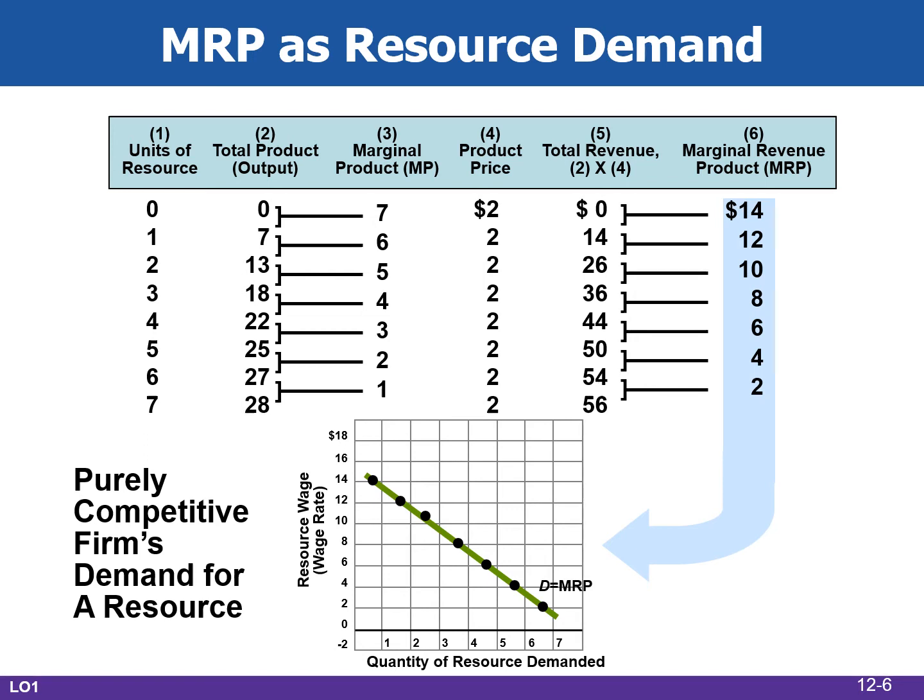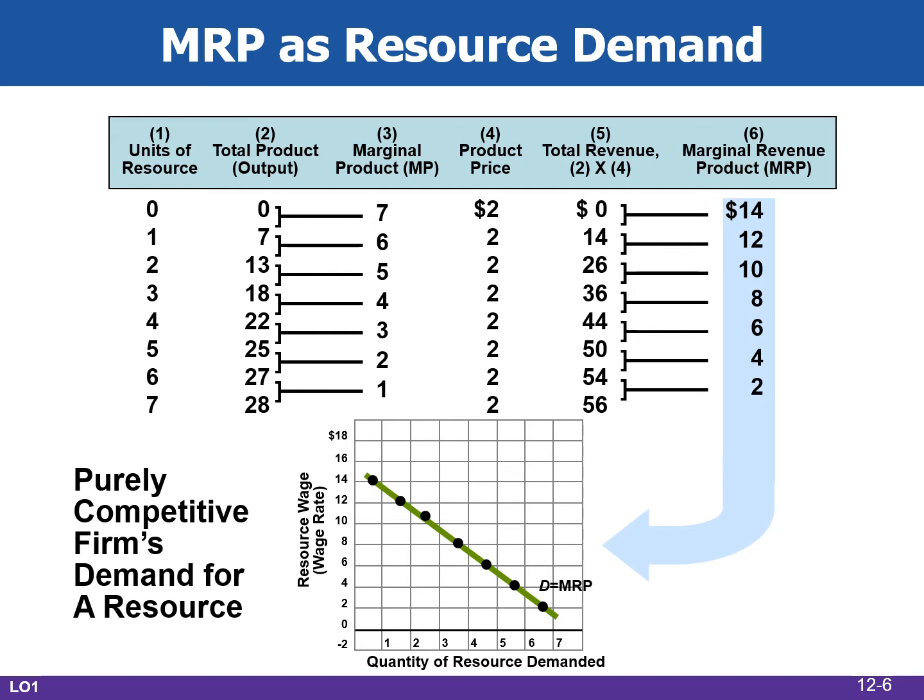So the marginal revenue product of the first worker is 14. Right? Marginal product 7 multiplied by price of the product 2, marginal revenue product is 14. Notice that the marginal revenue product of each successive worker declines.